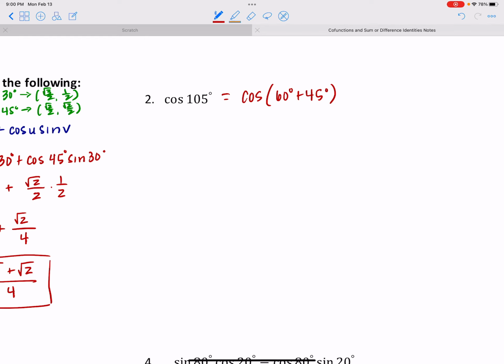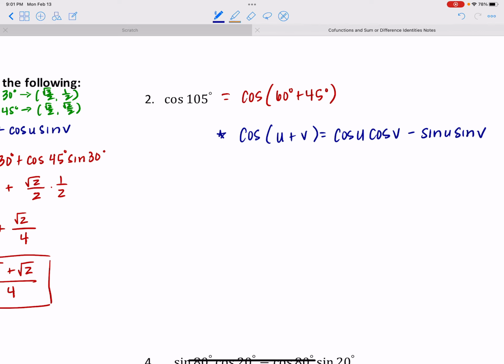And now again, I want to apply my formula. The formula says the cosine of a sum, so we'll say u plus v, again that's what the formula is using, although whatever the variables are doesn't really matter. It's going to be cosine u cosine v, and then we're going to flip the sign here. It'll be sine u sine v.